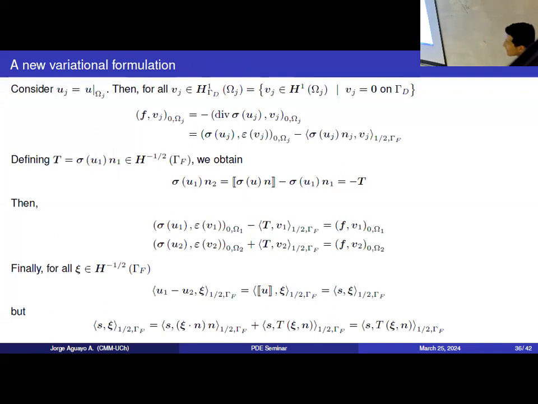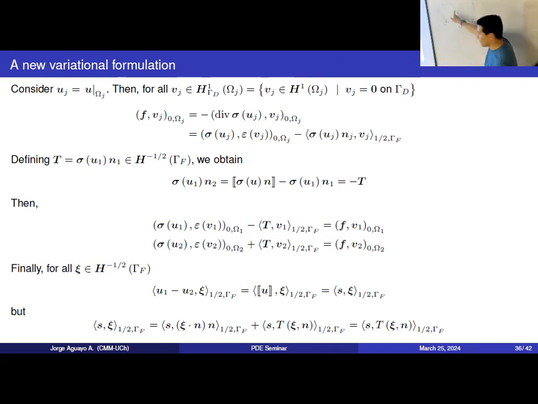And the second one is a new variational formulation. So in this part, it's very useful to extend the fault. Right now we have this original fault, which we want to extend, obtaining two domains and an interface.